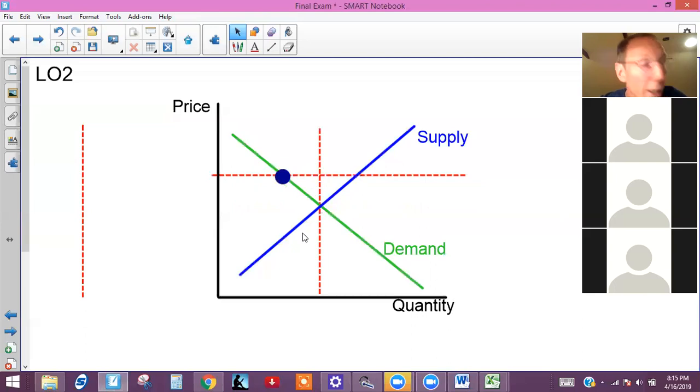So if the quantity demanded is less than the quantity supplied, right? If the quantity demanded is less than the quantity supplied, then that means the price is above the equilibrium price, right?